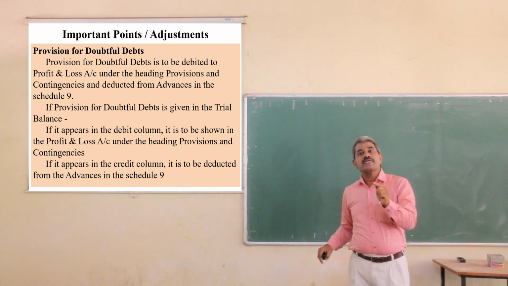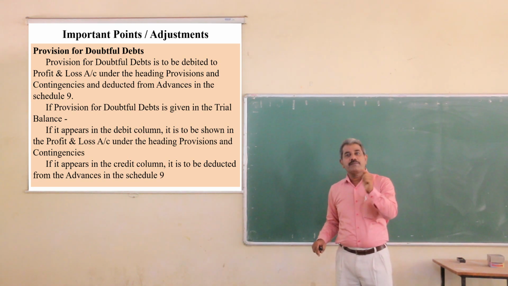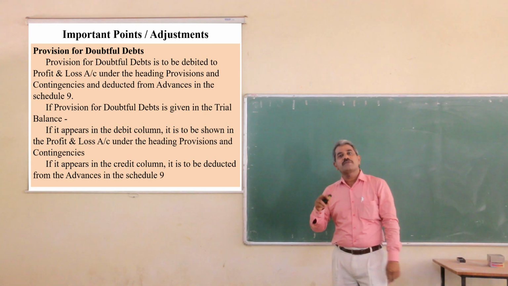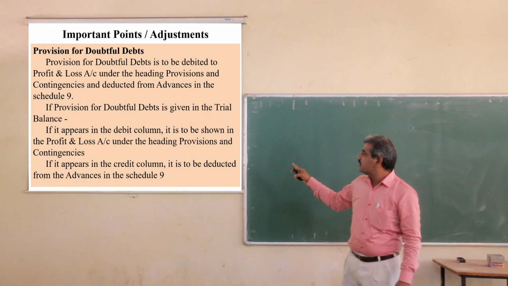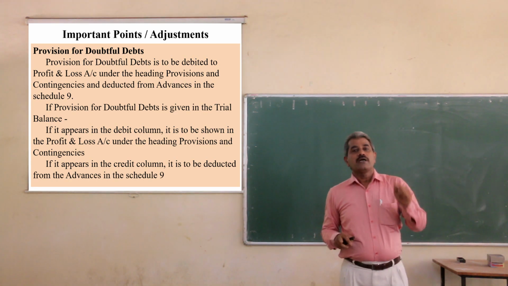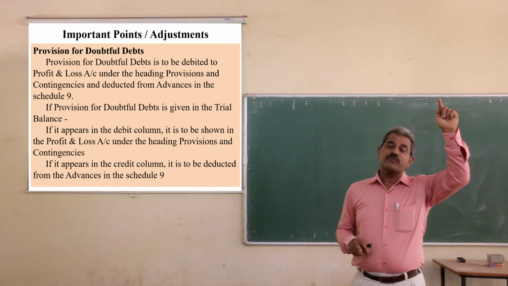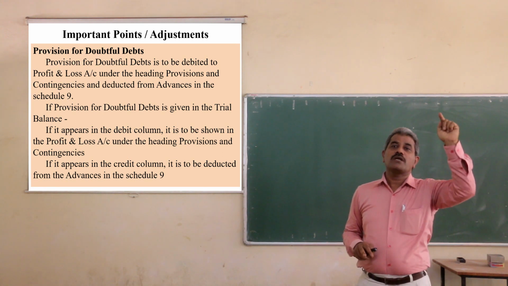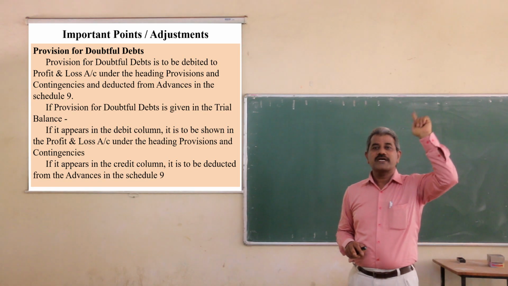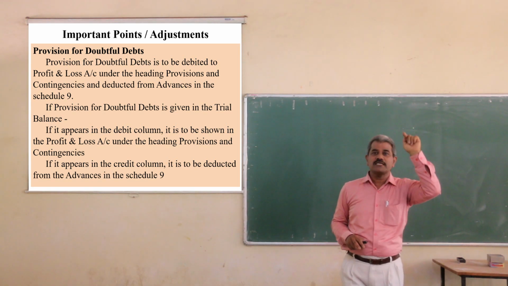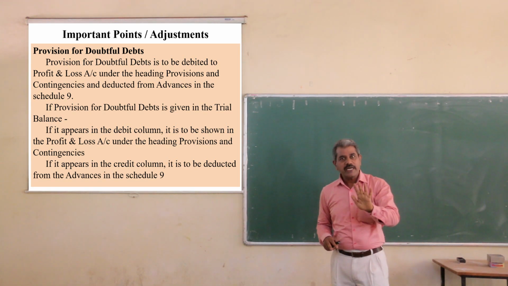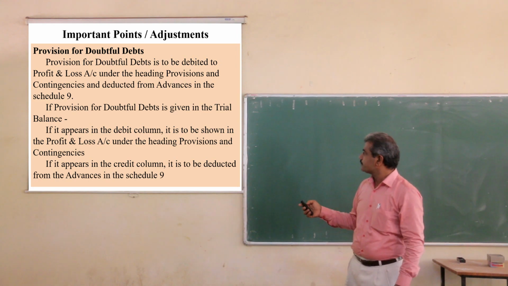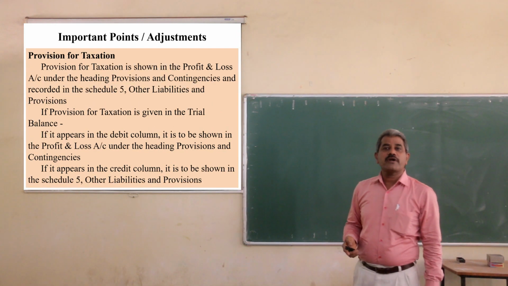And if it appears in the credit column of the trial balance, then it should be deducted from the advances in the schedule number 9. It should be deducted from loans and advances in schedule number 9. Okay? Clear? Then next is provision for taxation.